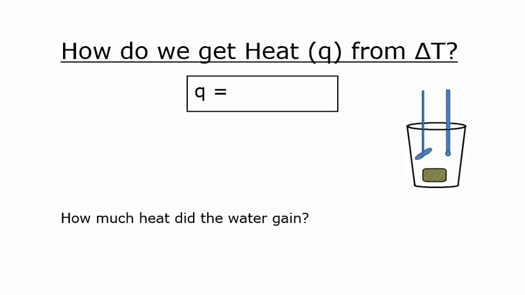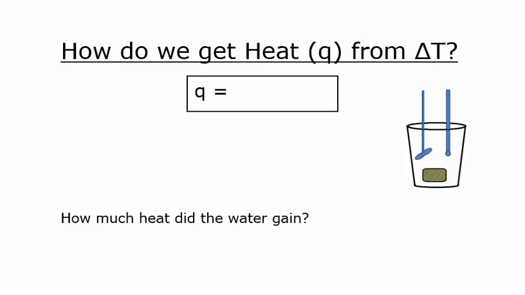So now we're going to switch gears and talk about quantitative calculations that we can do on heat rather than just qualitative arguments of what gets hotter and what doesn't. So for that, we're going to need to figure out how we get heat from delta T. When we do experimental measurements, we measure a change in temperature, but that's not the same as the heat, which is the energy.